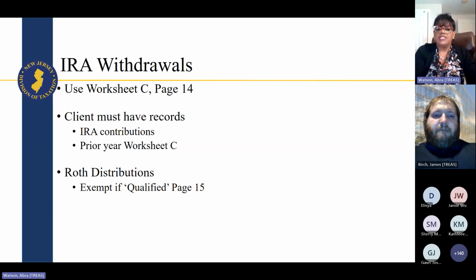When it comes to Roth distributions, remember that a Roth distribution is exempt as long as it's qualified. So to be qualified, it has to meet certain conditions. One condition is that the money has to be in the account untouched for 5 years, and then it has to be taken out for one of 4 reasons.